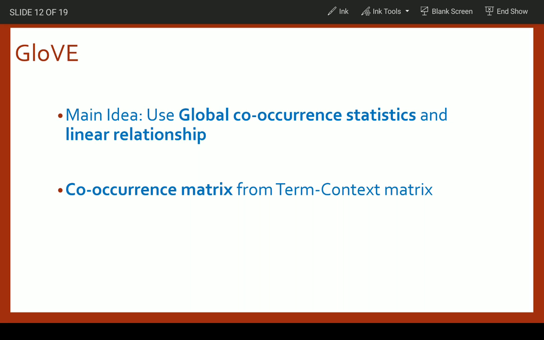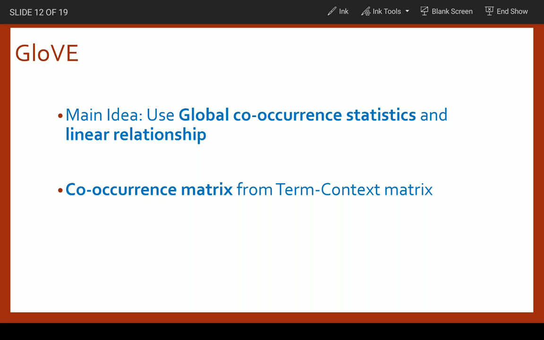On the other hand, methods like latent semantic indexing, those vectors fail miserably to show this kind of linear relationship.